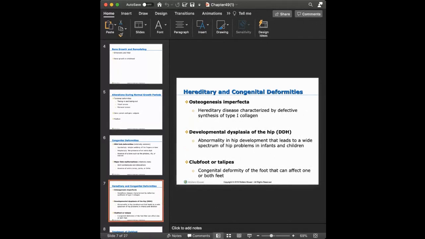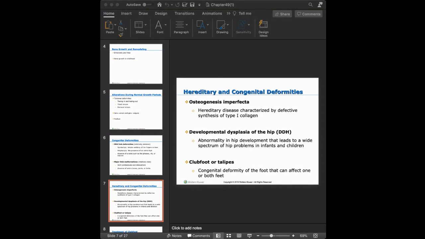Osteogenesis imperfecta, what's that? Anybody know? Osteogenesis imperfecta. Brittle bone disease.